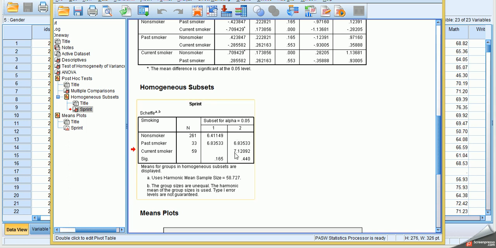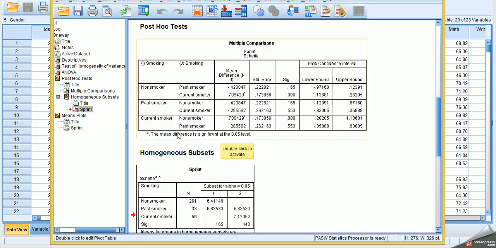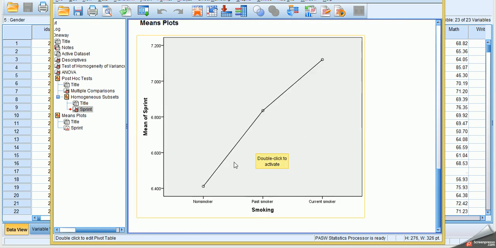But where is the difference? The difference is between this one and this one. They are not together, they are not in the same subset. Like we see here, the current smokers and the non-smokers, there are differences in their population means.